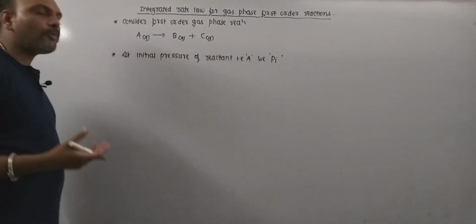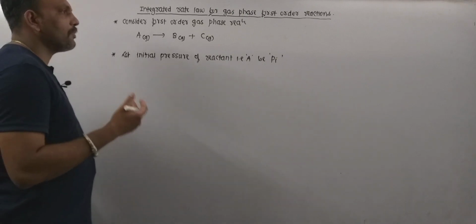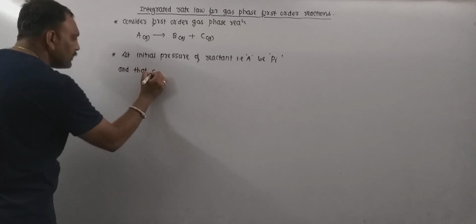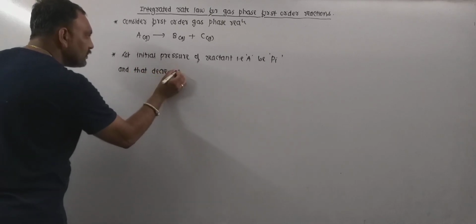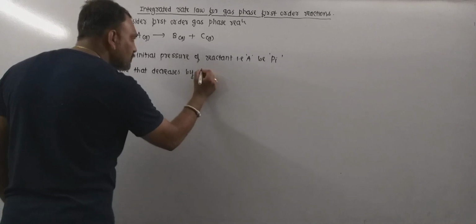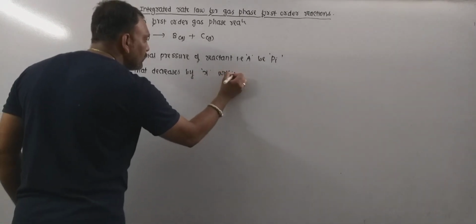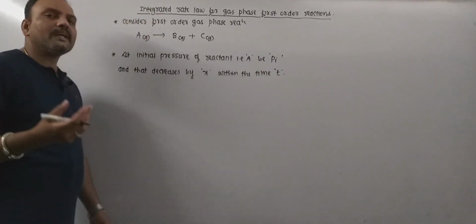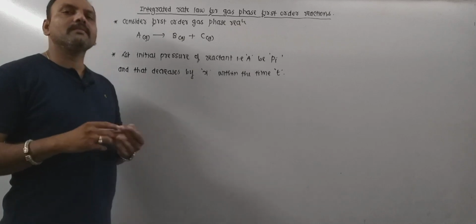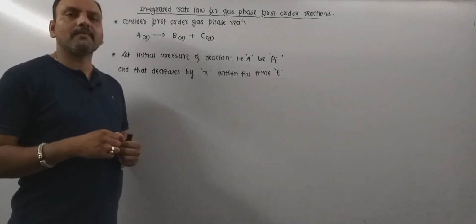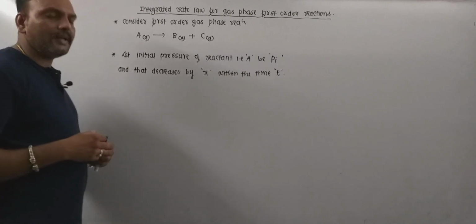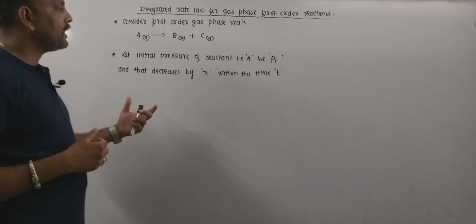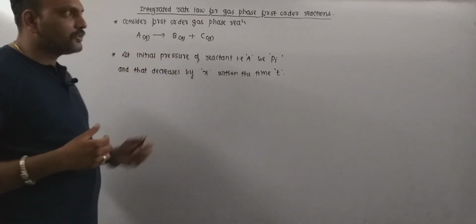Pi is the initial pressure of A, and that decreases by X within the time T. We are allowing the reaction to happen up to the time interval of T, and within that time interval the initial pressure of the reactant gets decreased by X.